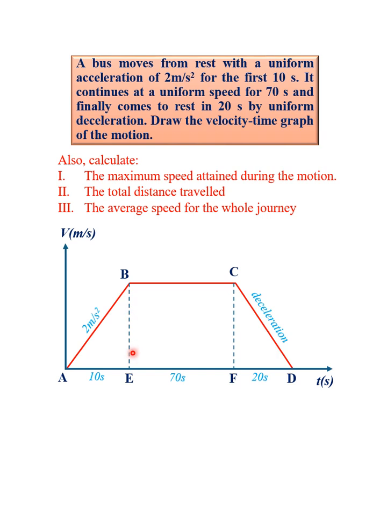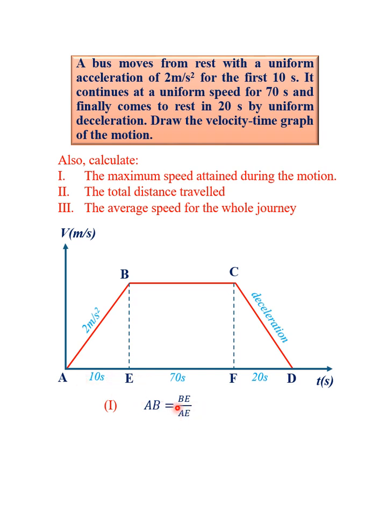We consider triangle ABE and find the side BE, which is equal to our maximum speed. The slope AB, which is the acceleration, is equal to BE, the velocity we are looking for, divided by AE, the time taken.